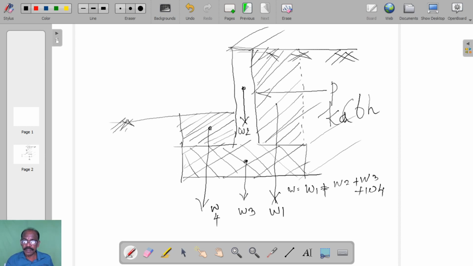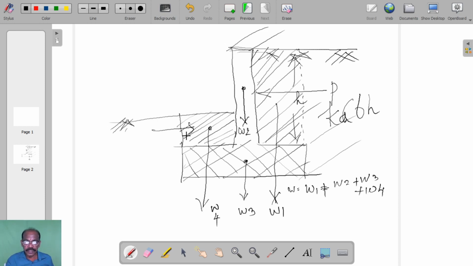Now this H is the height of the wall. These are the main forces, and the earth retained on the toe slab acts in the opposite direction.